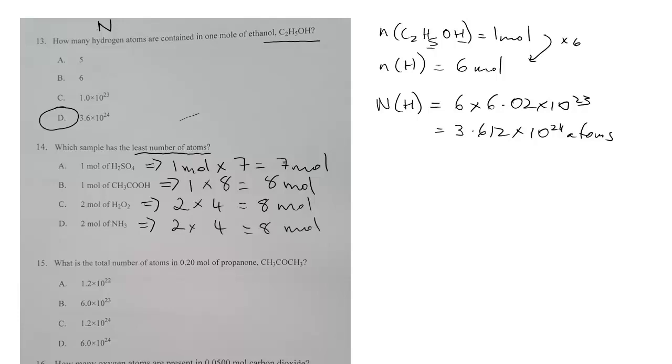Now, here you can proceed to finding the amount of them, but you know that it's dependent on the mole. So if you multiply all of these by Avogadro's constant, it's all going to be dependent on how much mole you have. So the least amount of atoms is actually A, because it has the least amount of mole.